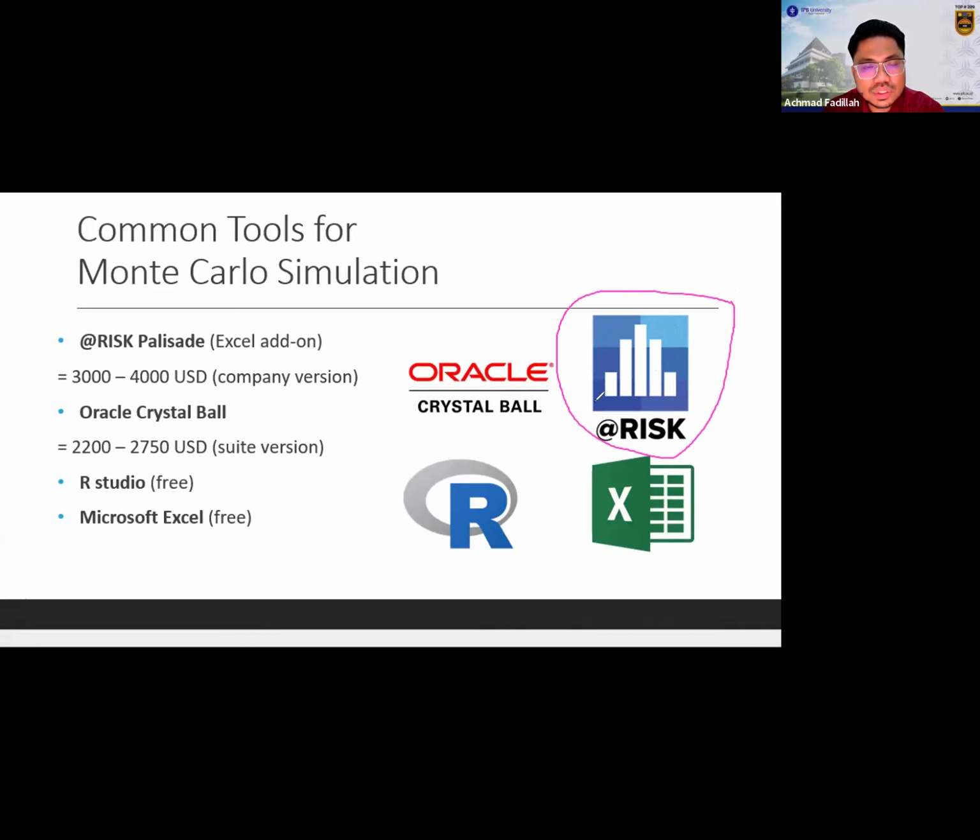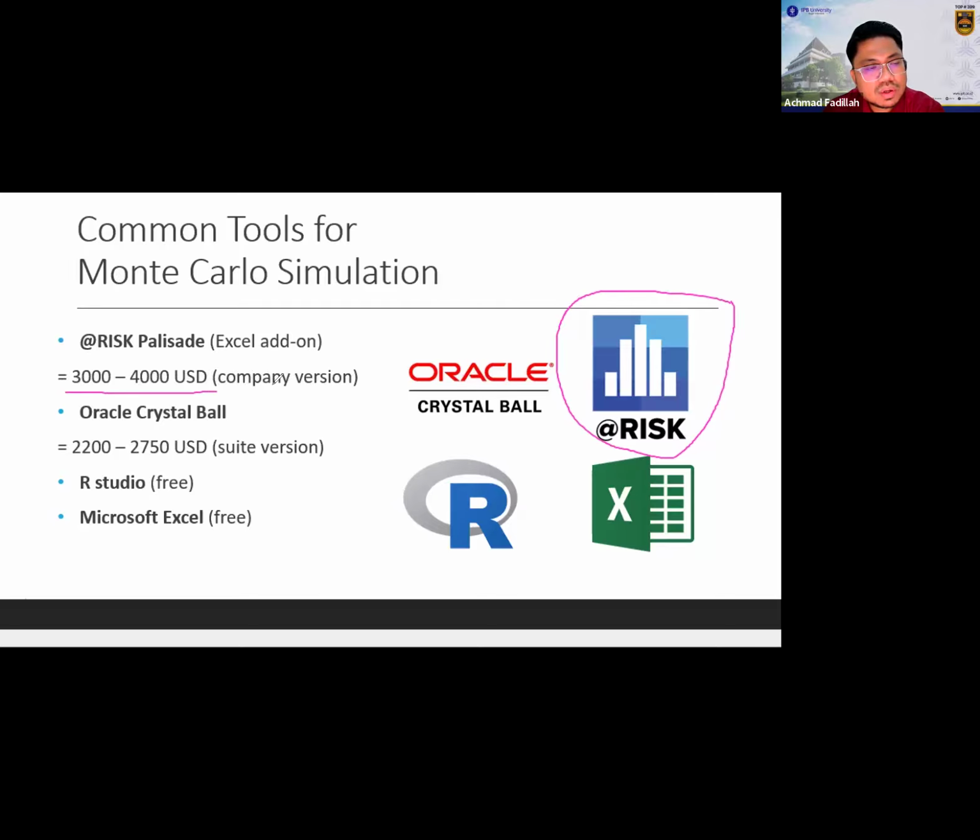If you use a simple model, it's just not possible to simulate until a million times to see the accuracy. And a drawback of this very powerful software is the price.